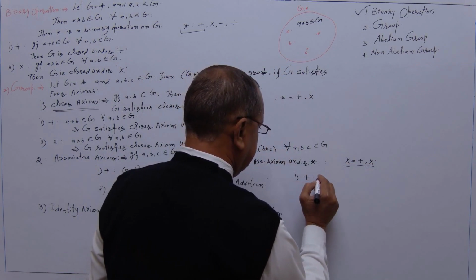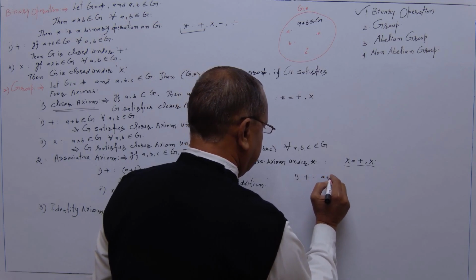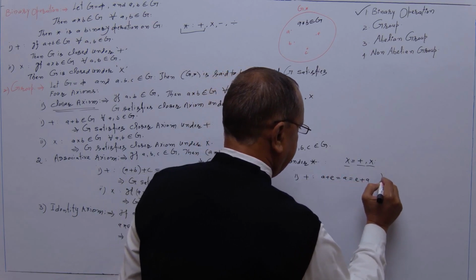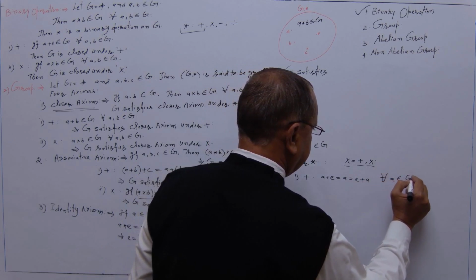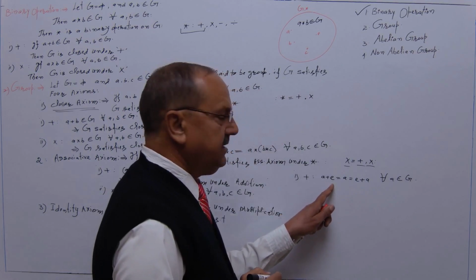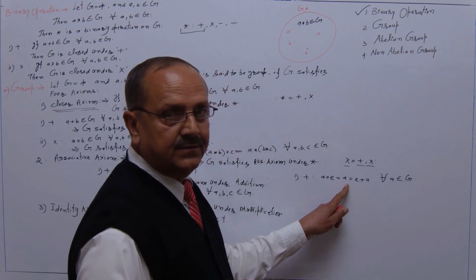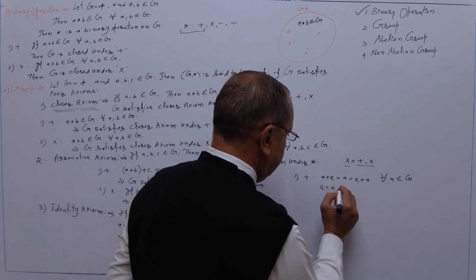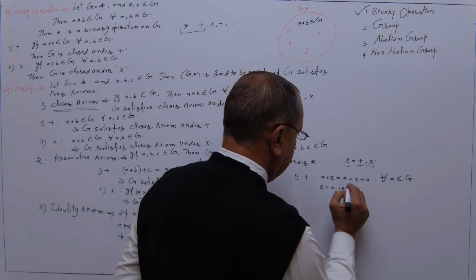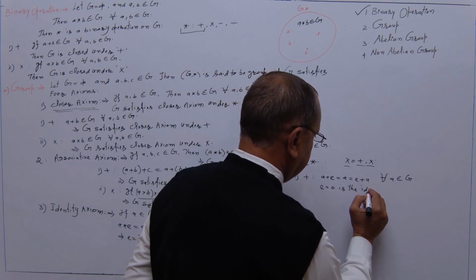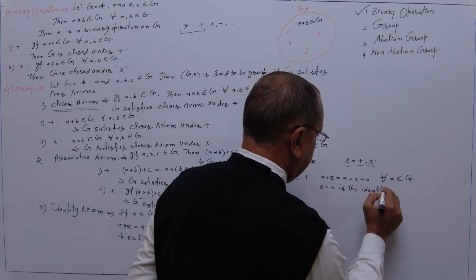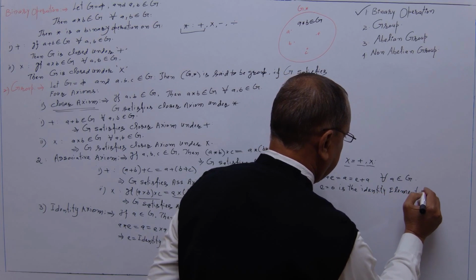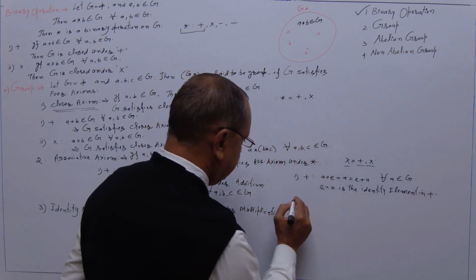Under addition, this A plus identity element E is equal to A is equal to E plus element A for every A belonging to G. ठीक, अब A में कौन सा एलिमेंट ऐड करें कि फिर से हमारी वैल्यू A ही आ जाए, तो that is 0. तो it means E is equal to 0 is the identity element in addition.